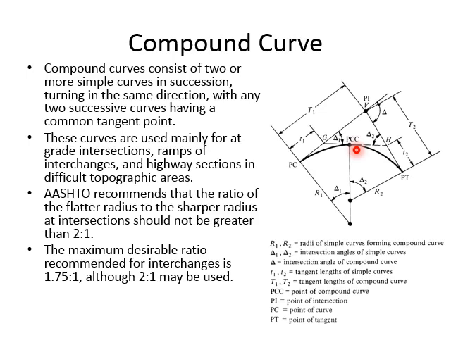So by using a compound curve, you can restrict the space requirements. Then we have the AASHTO standards, that the ratio of the radius of the curves should not be more than 2:1. So if one curve is 500 feet, the next one should be like 250 feet.